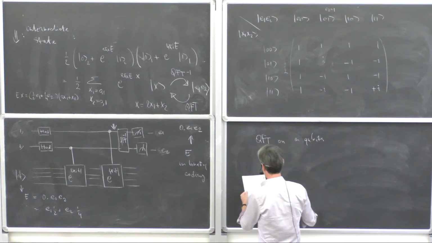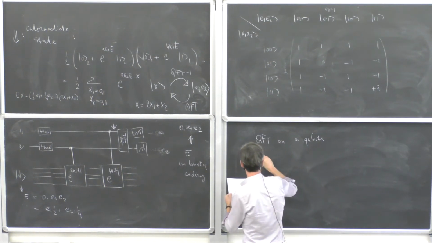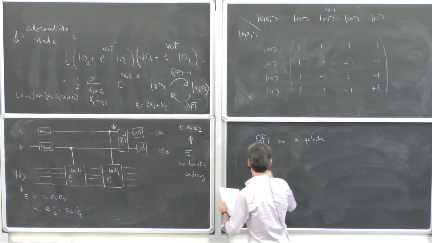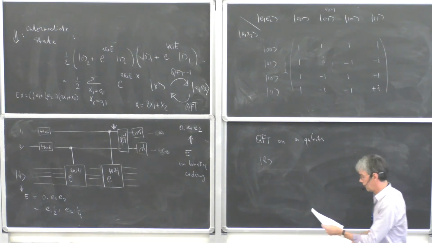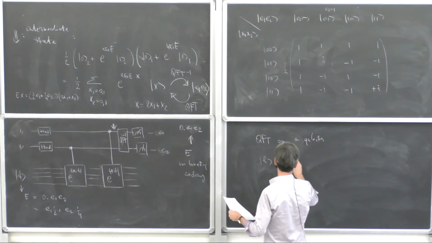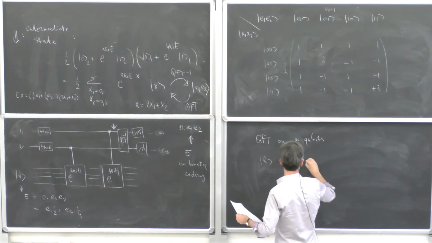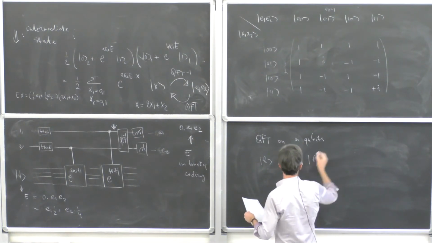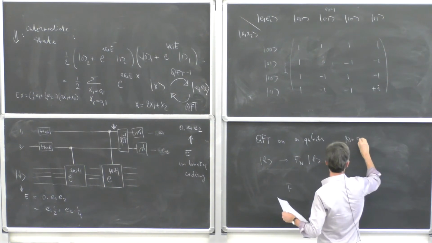It's going to be the matrix. Well, what it does, it sends some basis vector, which I now call K, which is the same as what I called E before. It sends it to a matrix Fn on that same vector K. And what is that matrix? So big N is 2 to the n in this case.